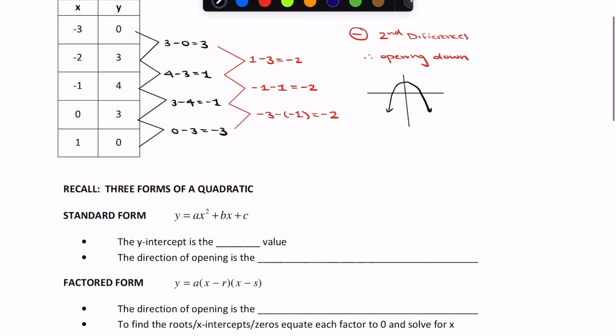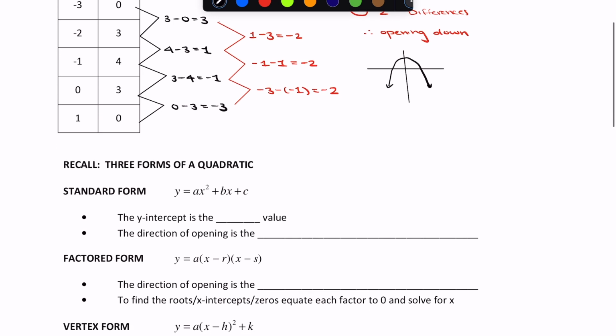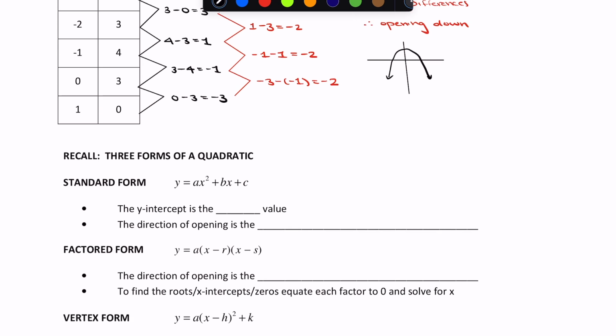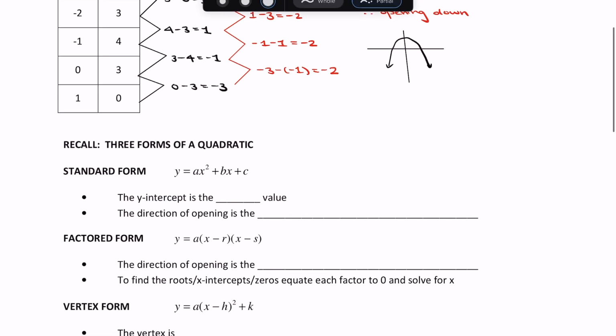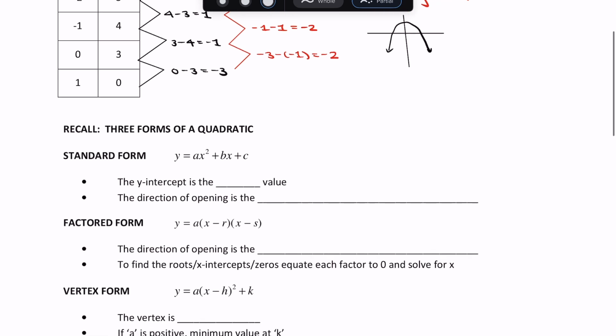Okay. And there are also three forms that we can write quadratics in: standard form, factored form, and vertex form. And each one of these forms tells us some different information about the quadratic. In standard form, we have y is equal to ax squared plus bx plus c. We know that the c value is the y-intercept.